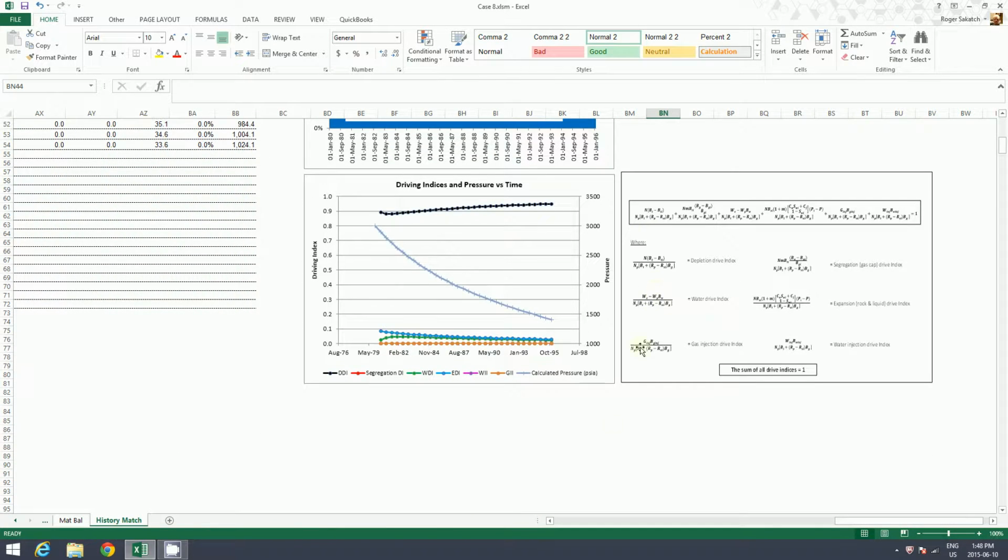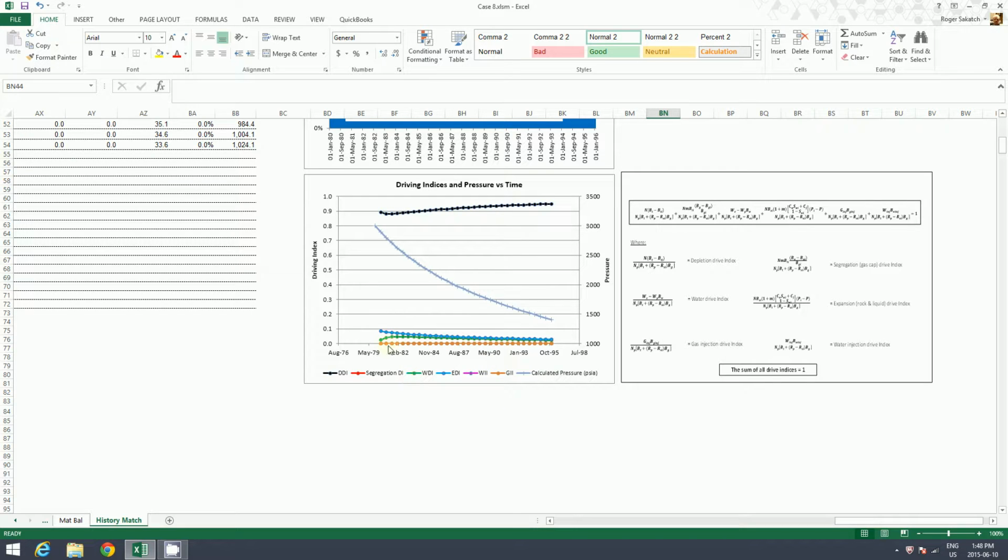As we scroll down to look at the drive indices that we're calculating, first of all, again, here is our pressure history as shown on the right-hand axis. In the black up here is our depletion drive index, which is really a result of the solution gas drive mechanism, and that's representative of 90 or so percent of the total drive indices within the reservoir.